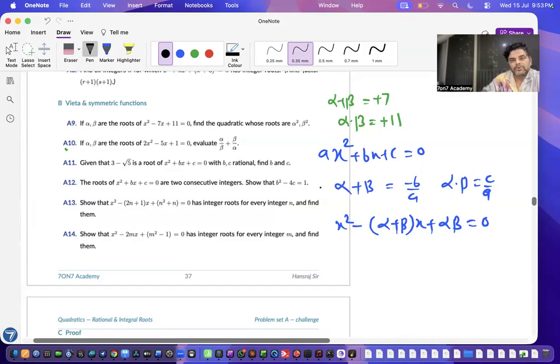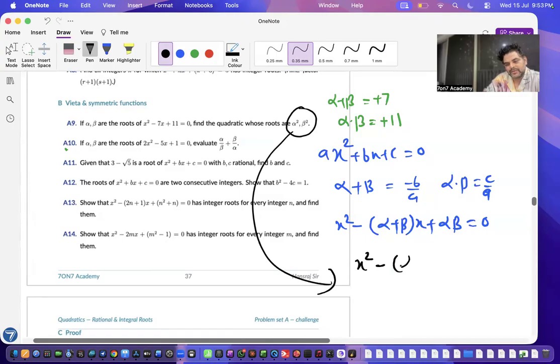So now the new set of roots are alpha square and beta square. So the equation having alpha square and beta square as roots will be x square minus alpha square plus beta square times x plus alpha square into beta square is equal to 0. So from this you need this and you need this.